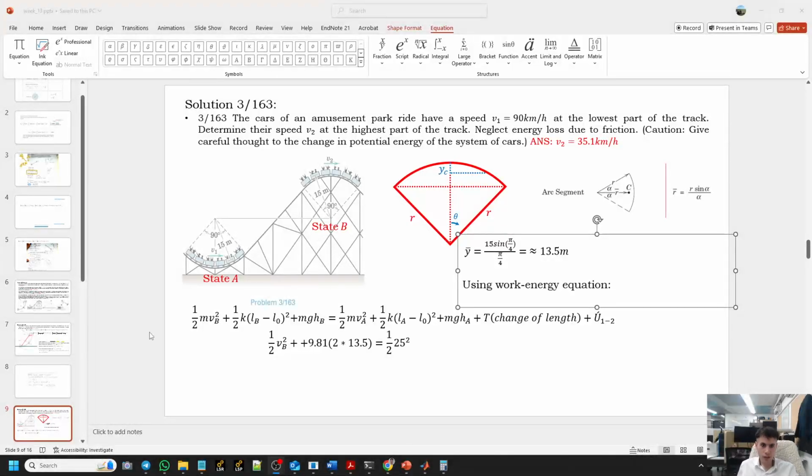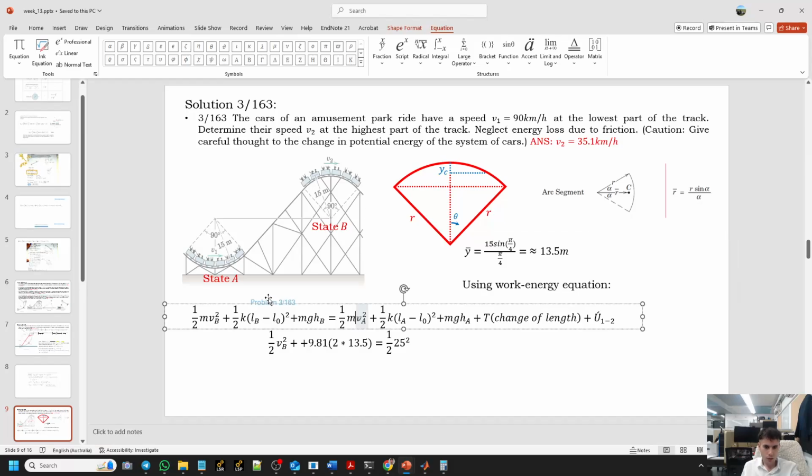Okay, let us focus on question 163. So here we have two states, state A and state B. We have a lot of people sitting here. So if we want to use the work energy equations, you might ask, okay, we have H, but H for which point?